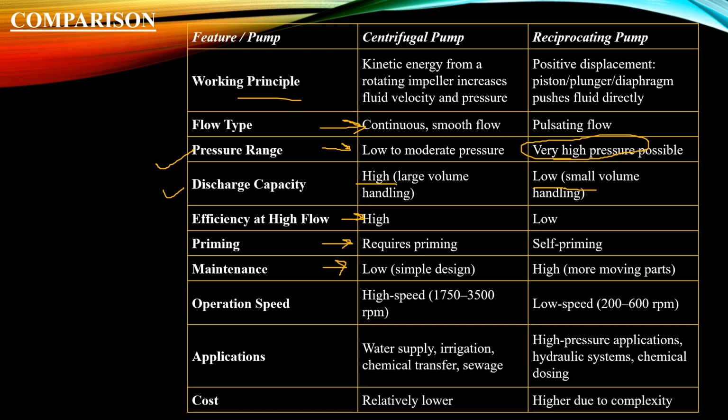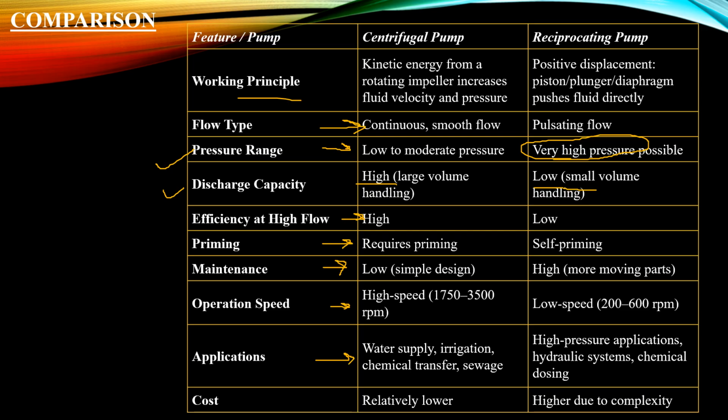So centrifugal pump has a very high speed, whereas reciprocating pump has low speed. Okay, application, centrifugal pump can be used in irrigation, chemical transfer, sewage or water supply, whereas reciprocating pump is used for high pressure applications. Always remember this thing.